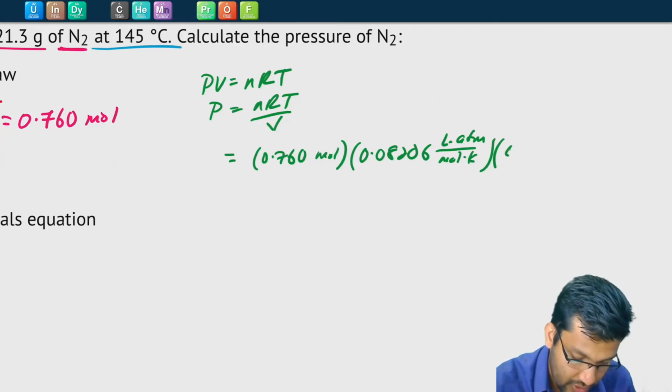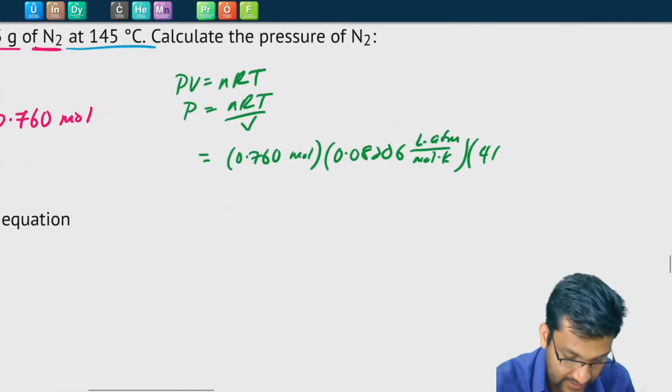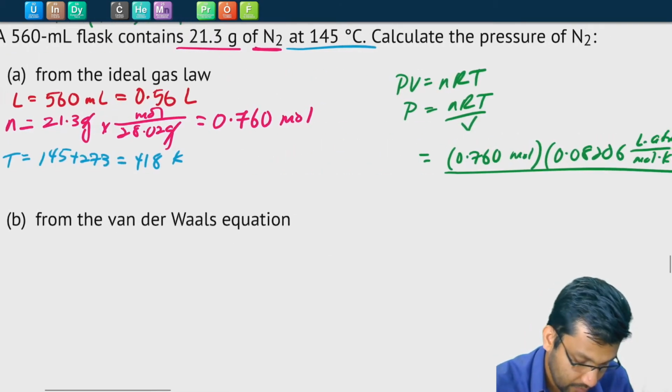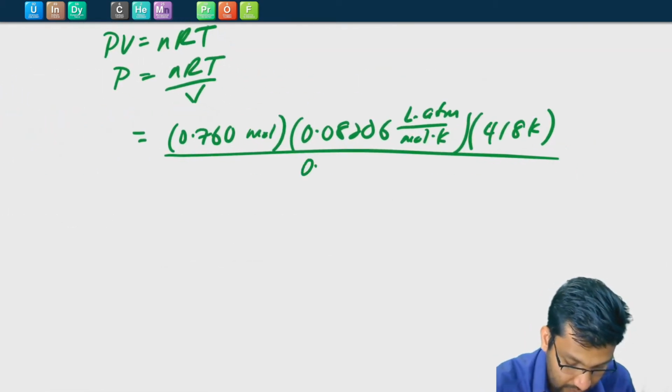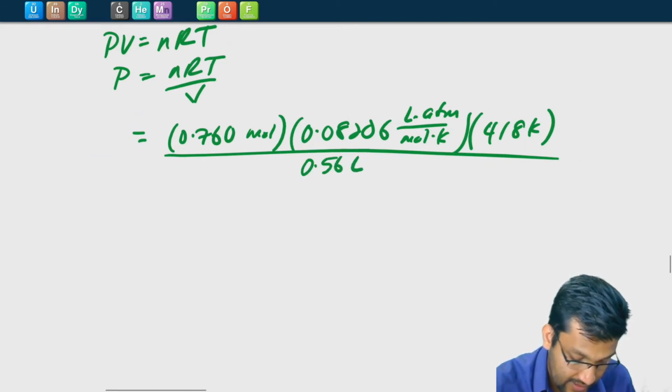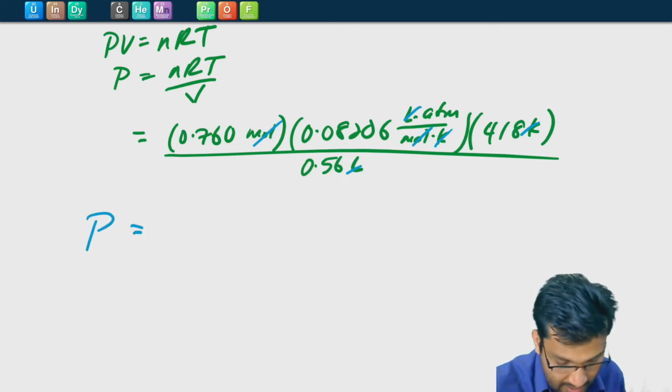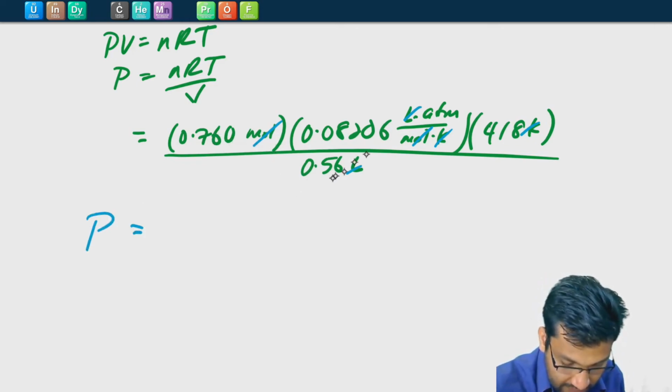T was 418, there we go, 418 kelvins. And volume was 0.56 liters. So cancellation: moles, moles, Kelvin, Kelvin, liters, liters, and pressure is in atmospheres, which is what we expect. 3 sig figs, 2 sig figs, we get 2 sig figs. So it's about 47 atmospheres to 2 sig figs.